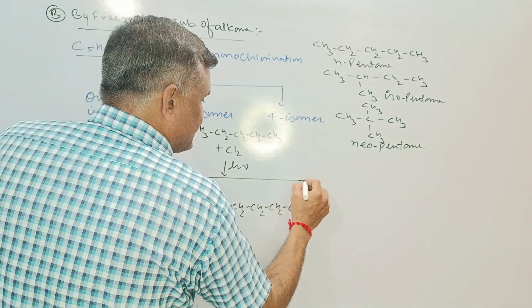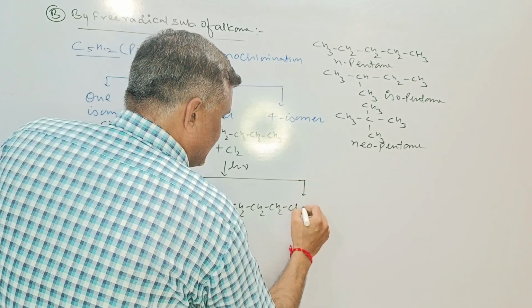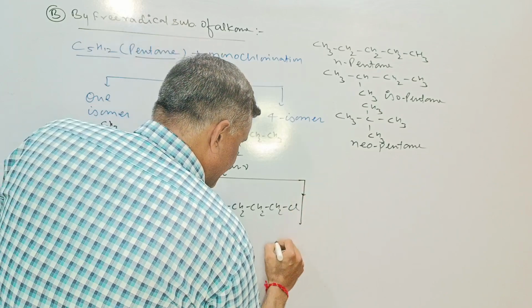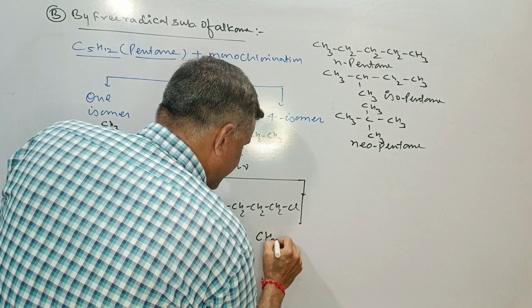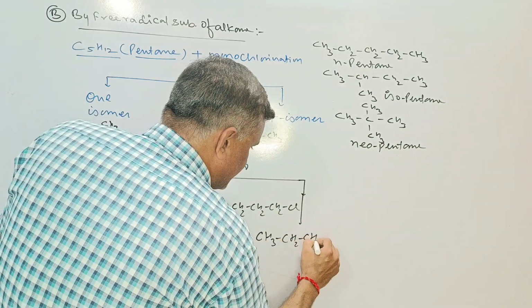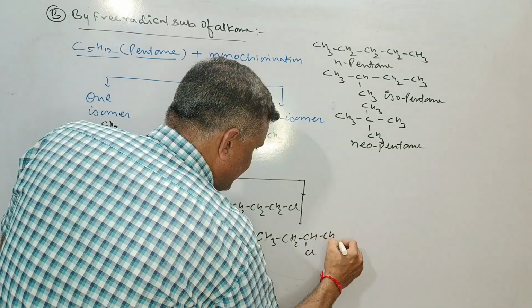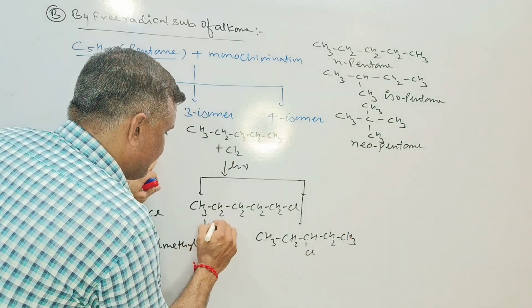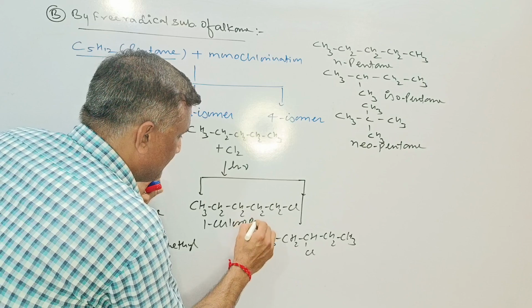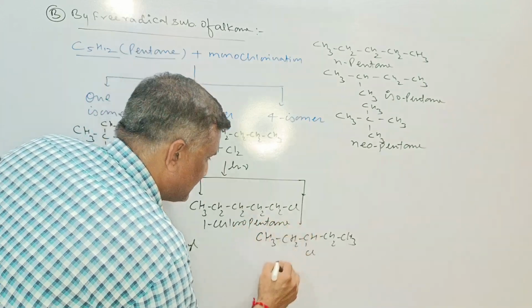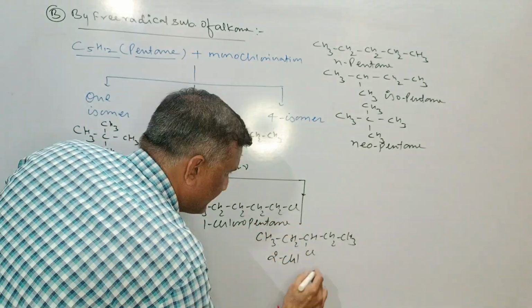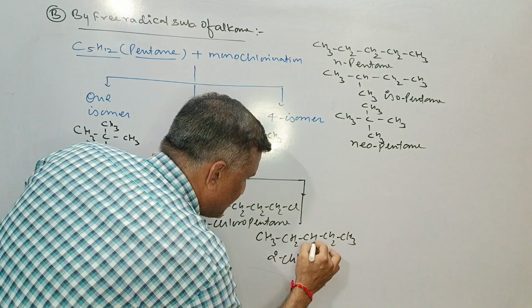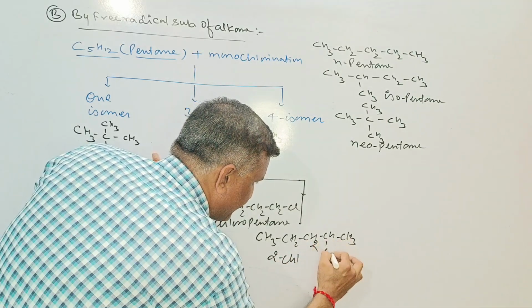Another possibility is CH3 CH2 CHCl CH2 CH3. This is 1-chloropentane. Sorry, this is 2-chloropentane.